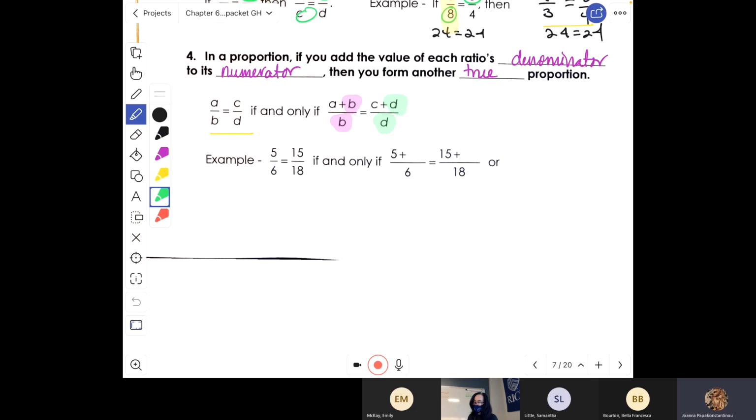So let's look at this example. This one says 5/6 equals 15/18. If I add 6 to the numerator here, what am I going to get? 11/6. If I add 18 here, what is my new numerator?